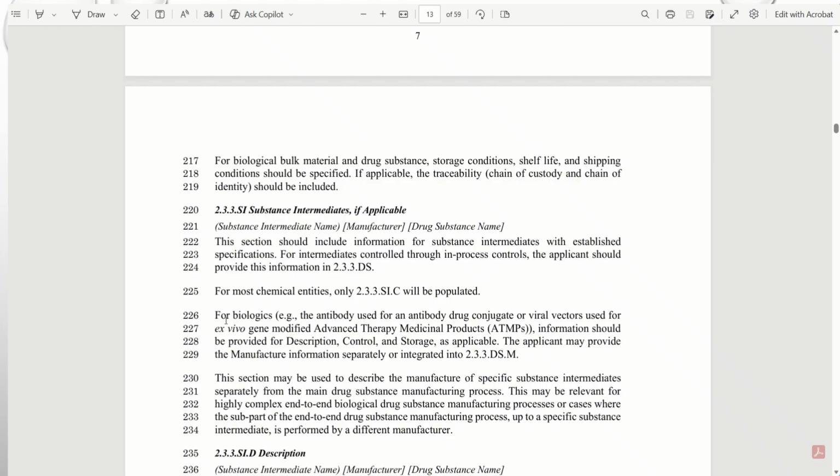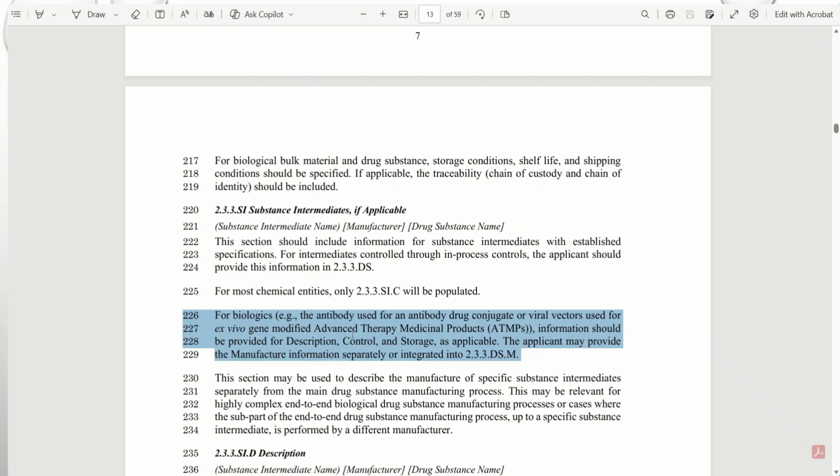And for biologics, e.g. antibodies used for antibody drug conjugate or viral vectors used for ex vivo gene modified advanced therapy medicinal products, information should be provided for description, control, and storage. We don't talk about manufacture. And then it says the applicant may provide the manufacturer information separately or integrated into the 233 drug substance manufacture section.